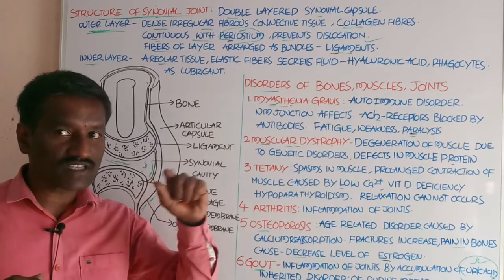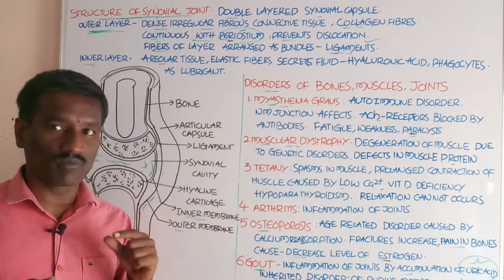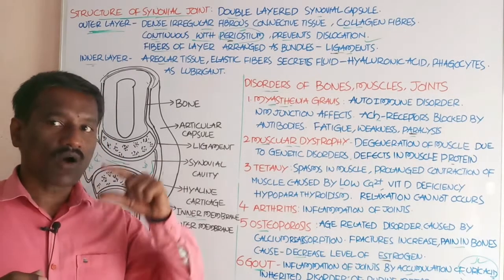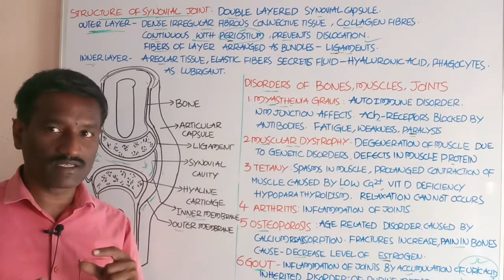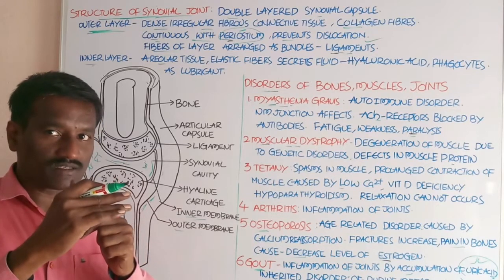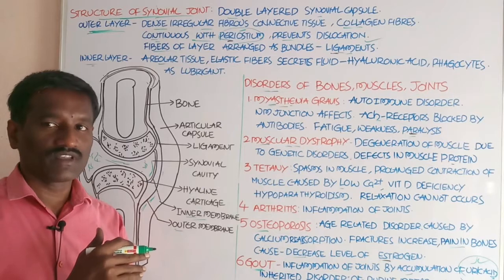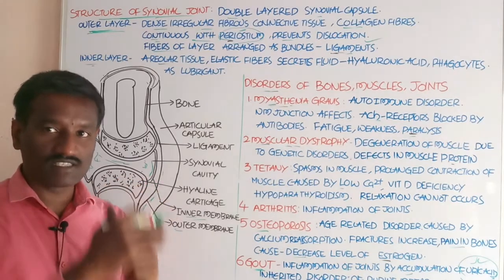Periosteum is the outer surface of the compact bone. The inner surface is called endosteum. The space between the periosteum and the endosteum has a vascular system.